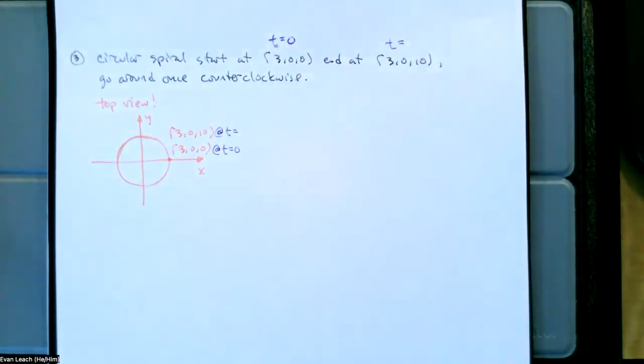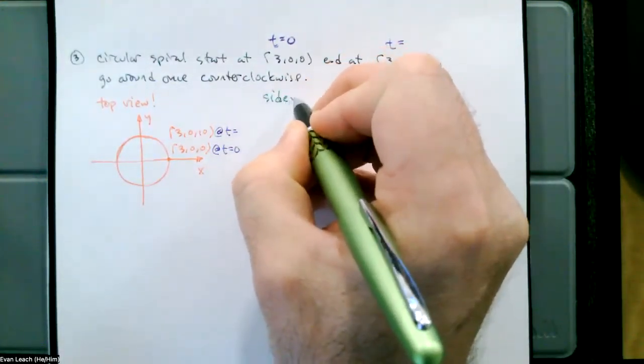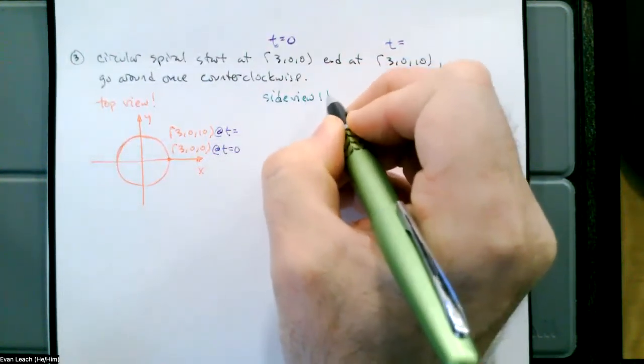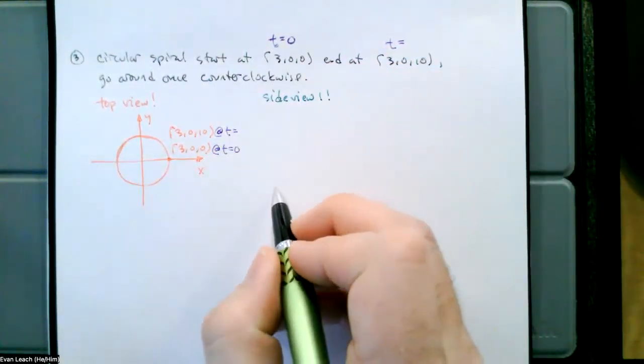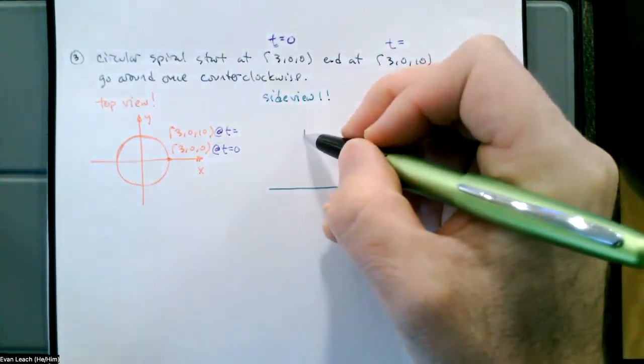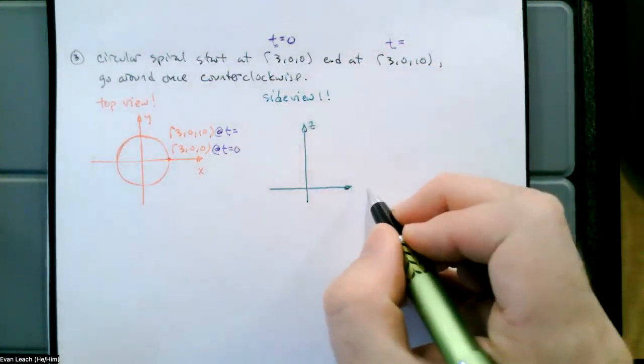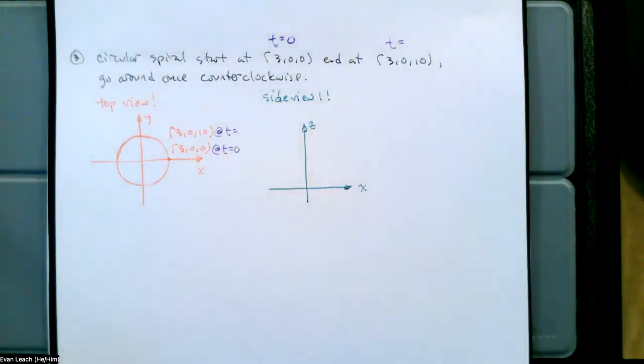Let's look at the spiral from the side. Let's look at the XZ plane.